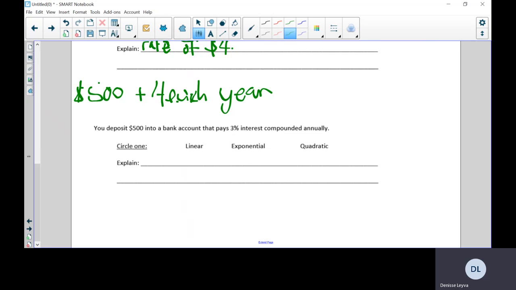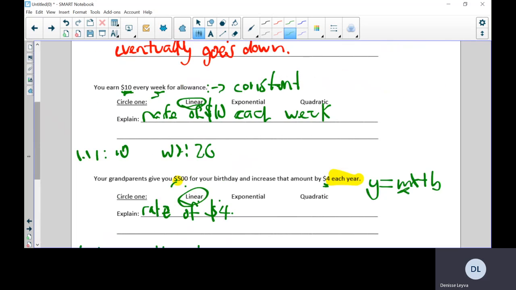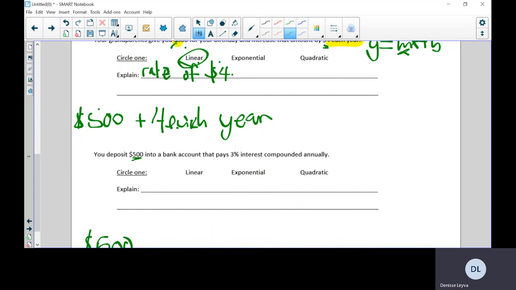And we move on to the last question. It says you deposit $500. So here again, we have $500. But the difference between the first question and the second question is the words. Well, first we see the 3%, and then it says interest compounded annually.